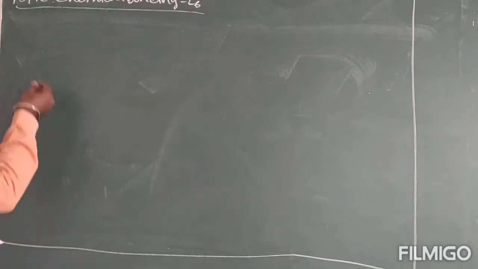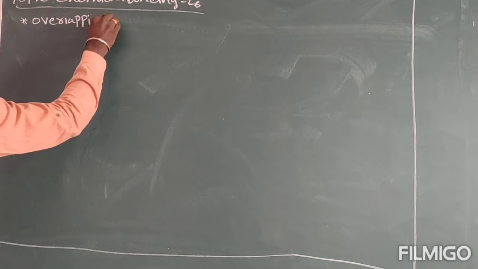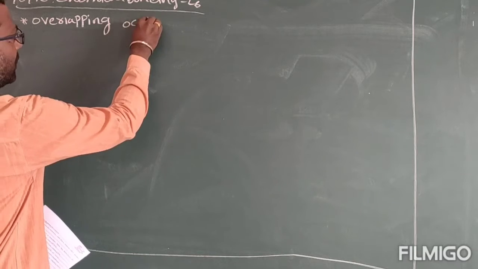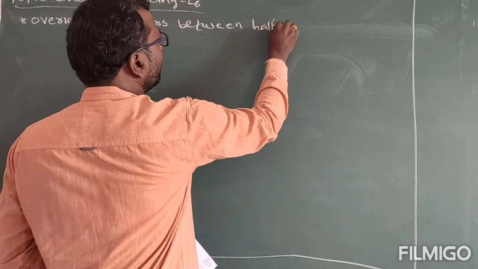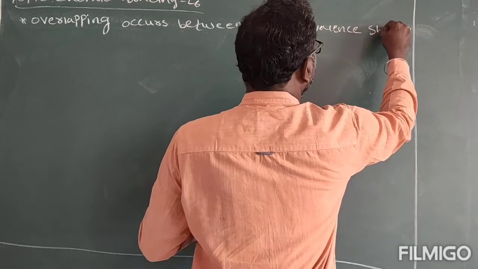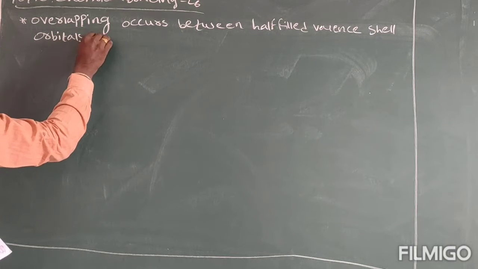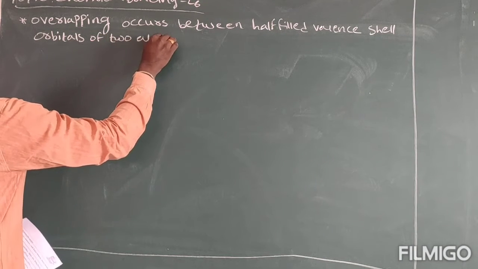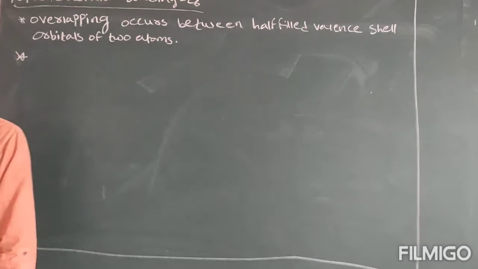That is the most important point: overlapping occurs between half-filled valency shell orbitals of two atoms only.